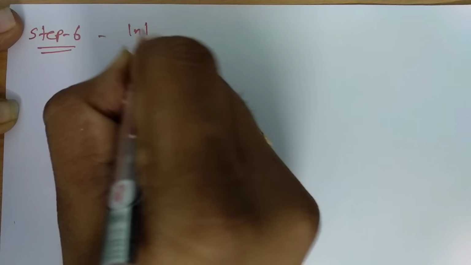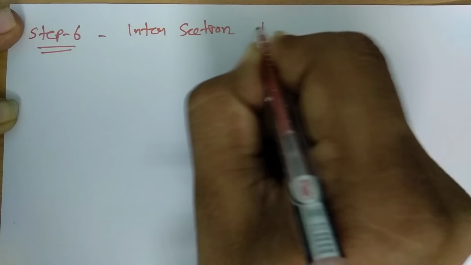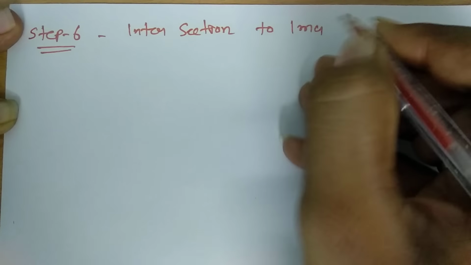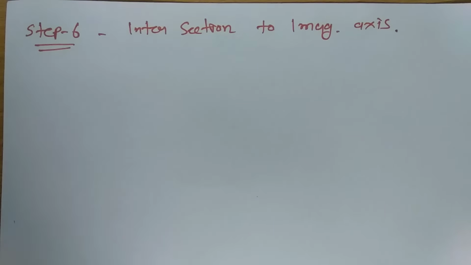Now the next step in this example is the calculation of the intersection with the imaginary axis. So step 6 is the intersection with the imaginary axis.